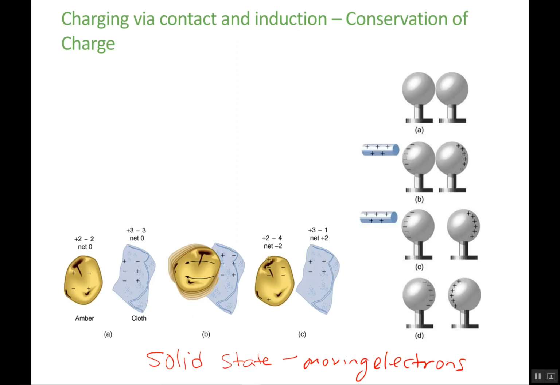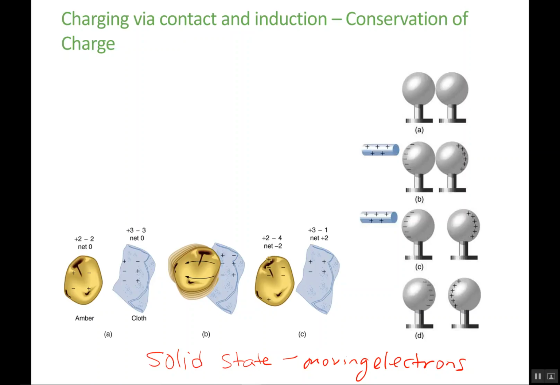It boils down to the fact that the protons are bound up in the nuclei of the atoms making up these materials, and they're not free to move around. However, the electrons, which are orbiting the nuclei, are somewhat free to move around from one atom to another, and so they're the ones that carry the charge from one object to another.